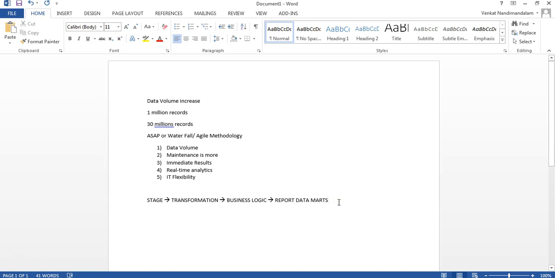So even for a small change, you have to make a lot of changes in your system to make that available. So now customers are not expecting that. They want those changes to be minimal so that they can quickly get their requirements done in the system. So that also comes under IT flexibility.